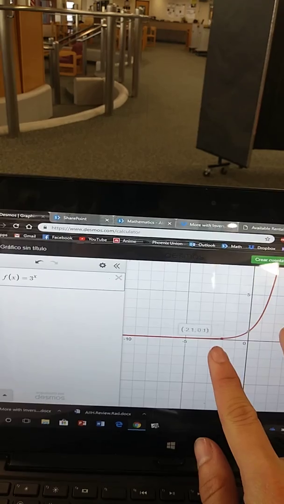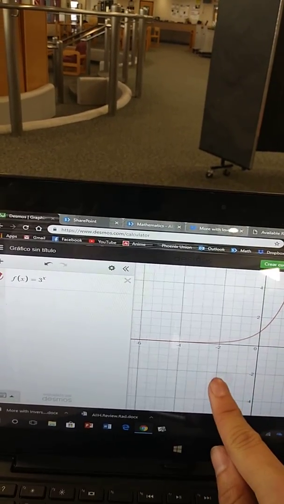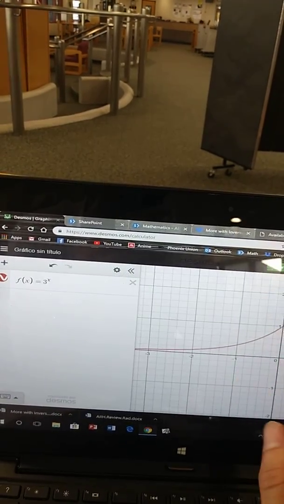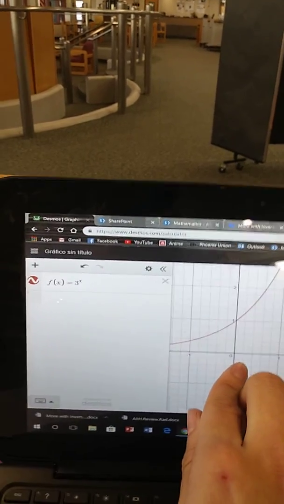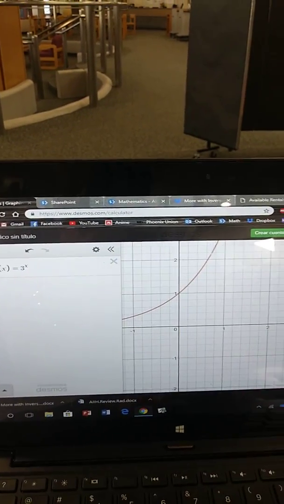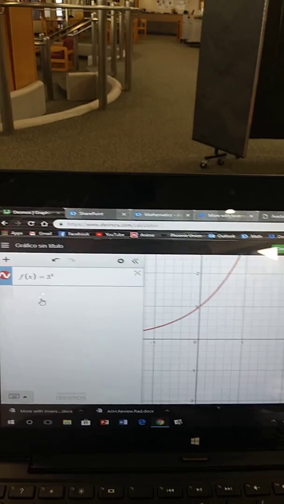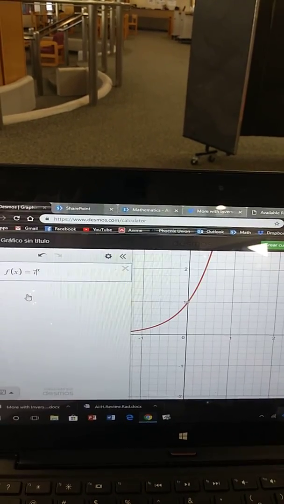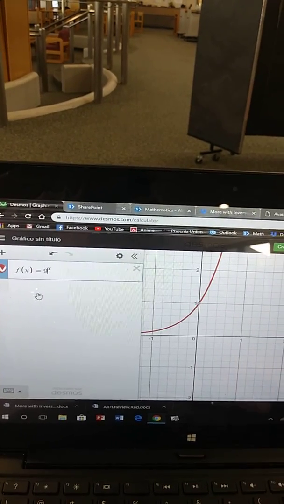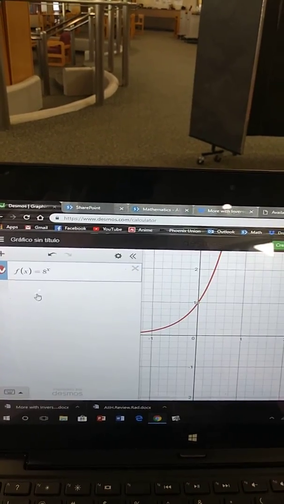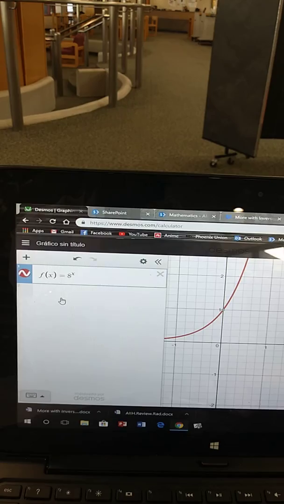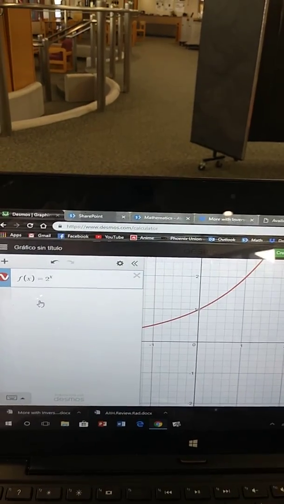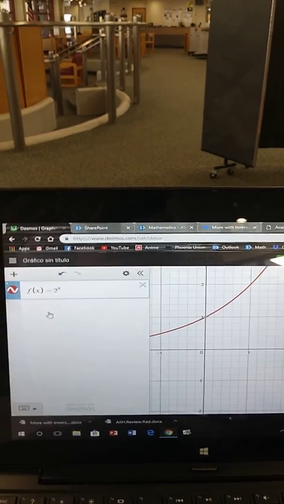Again, you can see that it passes through the point 1. Let's make it 7. Again, passes through 1. Let's make it 9. Again, passes through 1. So this value doesn't have to be 2. It can be any value, alright?